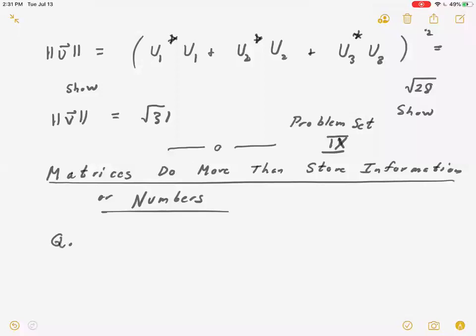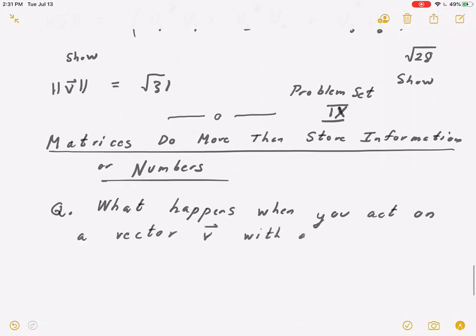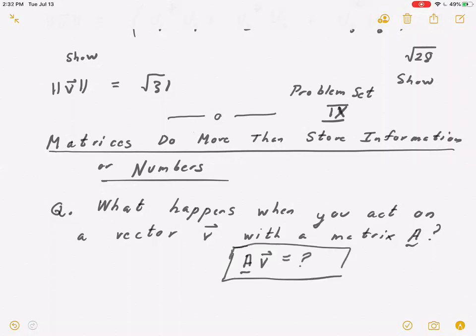But let's pose this problem in terms of a question and try to answer it. What happens when you act on a vector V with a matrix A? In other words, suppose you look at this problem of matrix vector multiplication, and then you ask yourself, what do you get as a result?